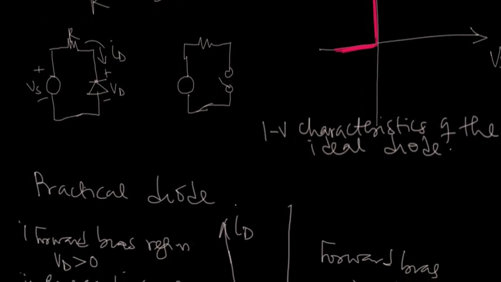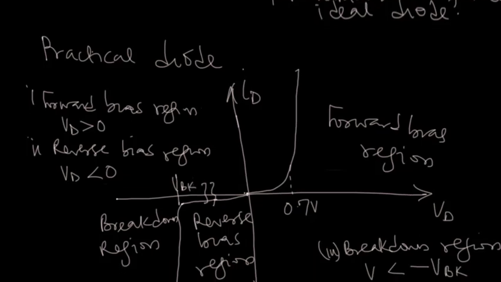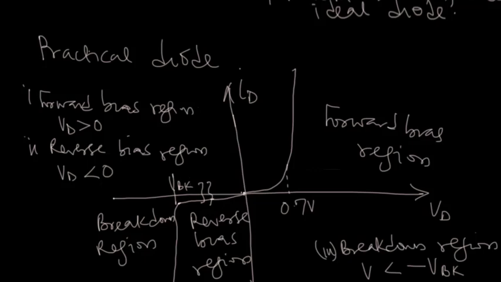And then we went further to talk about the practical diode, and we say for the practical diode, in the forward direction, the diode offers a barrier to the flow of current, and the current must be able to overcome this barrier before the current flows.